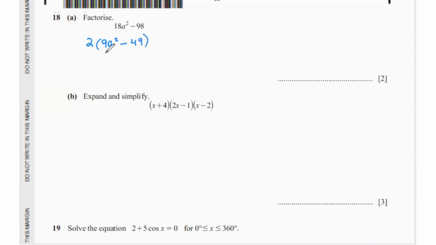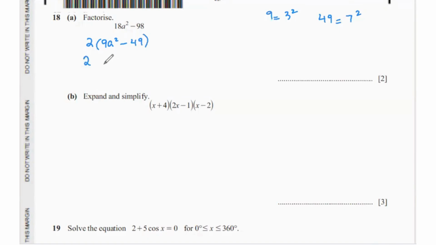Now this still isn't fully factorized. Why? Because if you look at the terms inside the bracket, we can see that we have 2 squares being subtracted. And that reminds us of difference of perfect squares. In difference of perfect squares, you have 2 square numbers being subtracted. So 9 is a square number, 9 is 3 squared. A is already being squared, and 49 is also 7 squared.